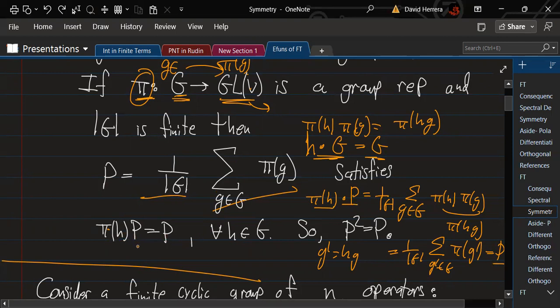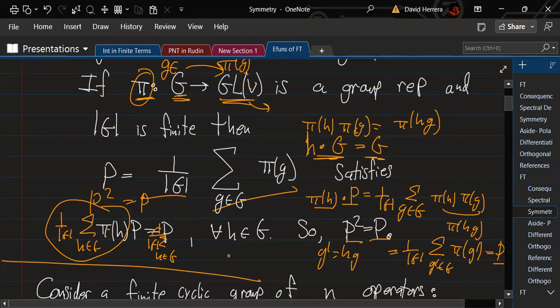Now what you can do is average over the h in G. Now this is just P, so it's P squared, P times P. And on the other side, averaging a constant, there are no h's in this, so it's just P. So we get P squared is equal to P. So P is a projection.